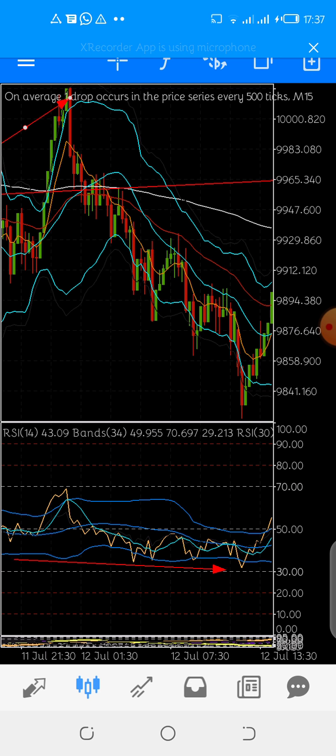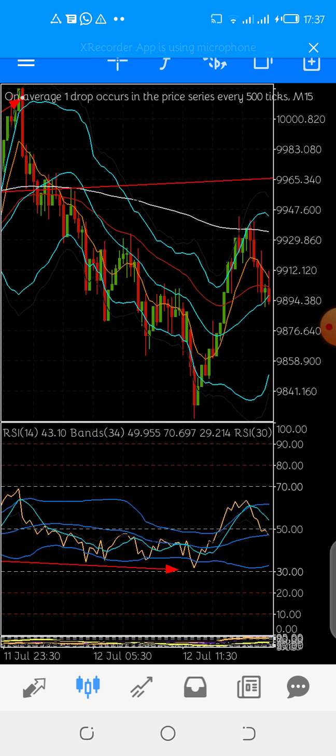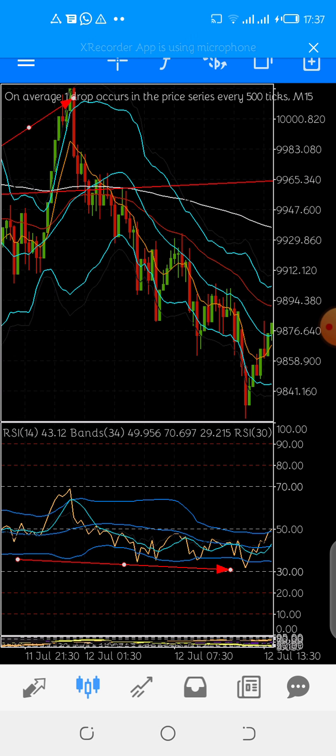When it had gone out of the band, that is indicator number 1. Indicator number 2 is that the Bollinger Bands had started squeezing, the blue, the blue, the blue. It had started coming together here.